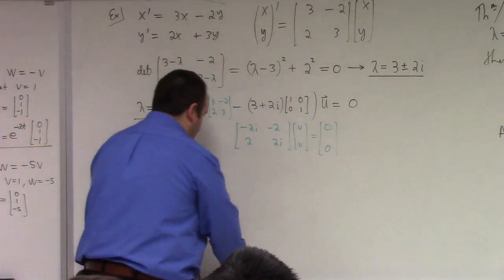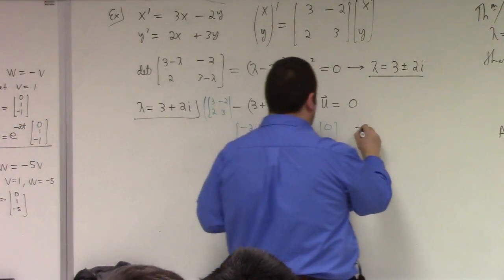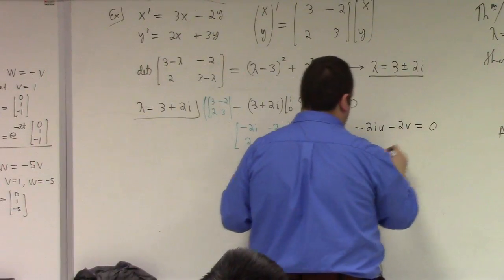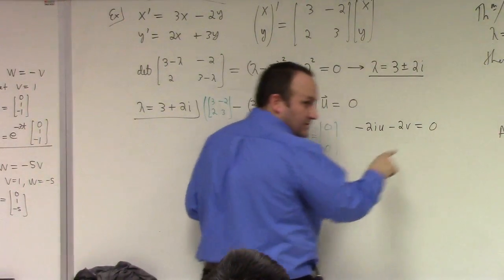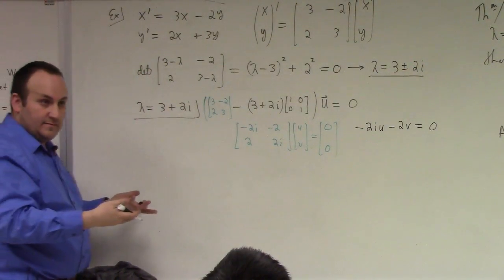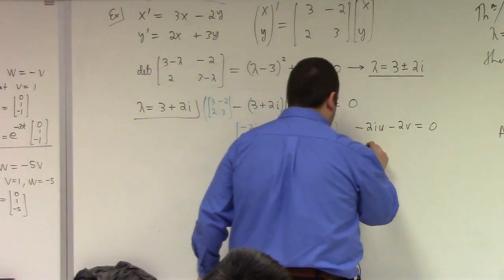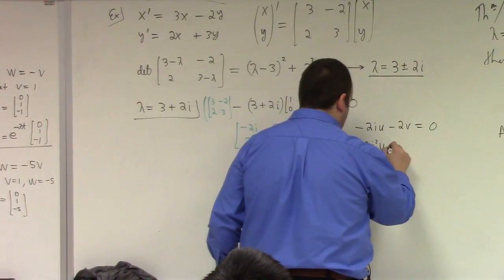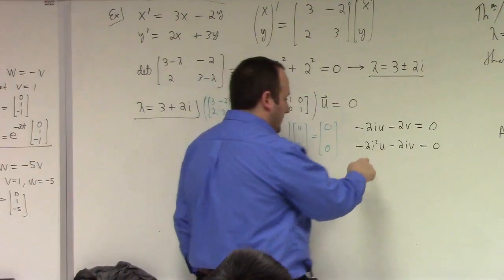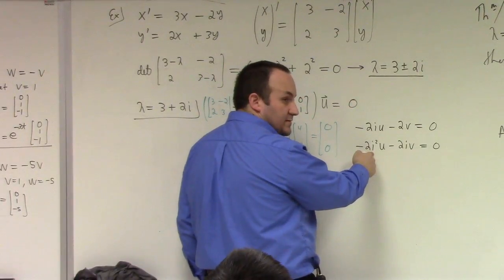Like this first one is minus 2iu minus 2v equals 0, right? If I multiply this equation by what? By i, this gives me minus 2i squared u minus 2iv equals 0 times i, which is 0. But i squared is minus 1.